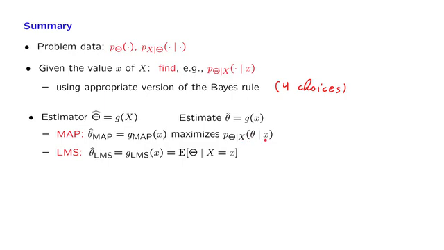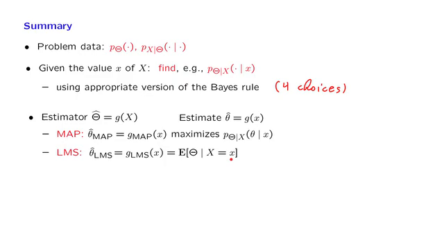And similarly, in the continuous case, it finds a value of theta at which the conditional PDF of theta would be largest. Another estimator is the one that we call the LMS or least mean squares estimator, which calculates the conditional expectation of the unknown parameter given the observations that we have obtained.